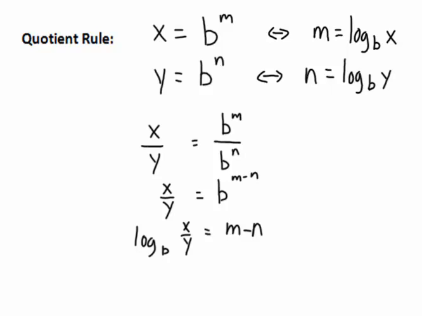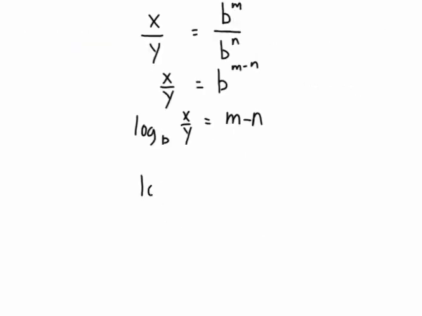And just like we did before, we switch the m and the n, and we'll get log base b of x over y is really the same as log base b of x minus log base b of y.